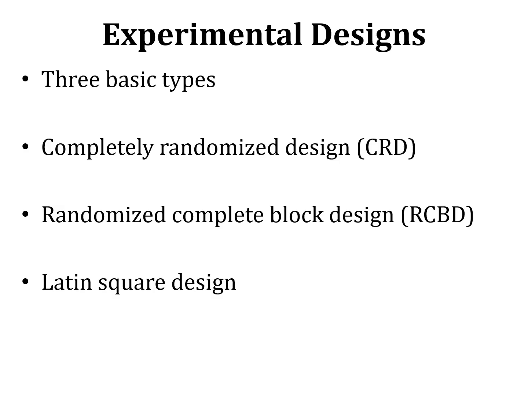The third type is the Latin square design, and it doesn't have randomization as such. We are going to see the details in the respective lecture on Latin square design. So these are the three basic types of experimental designs that are used in field research, in biology, and in medical sciences.